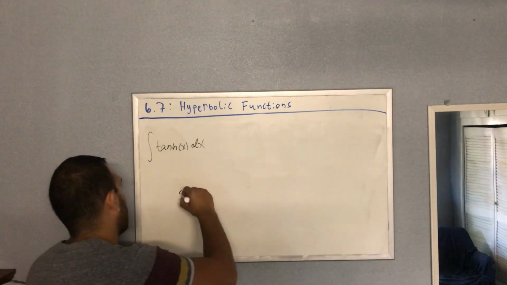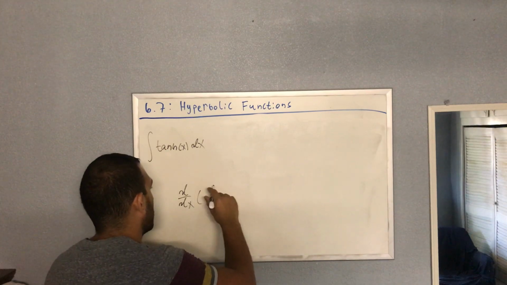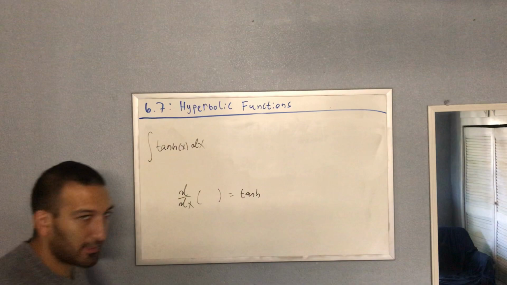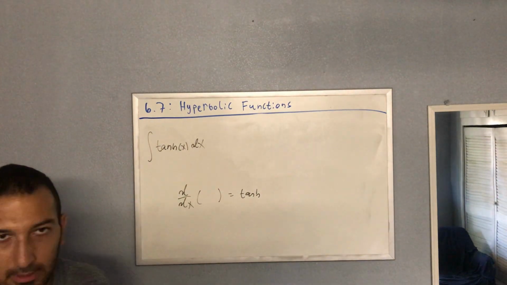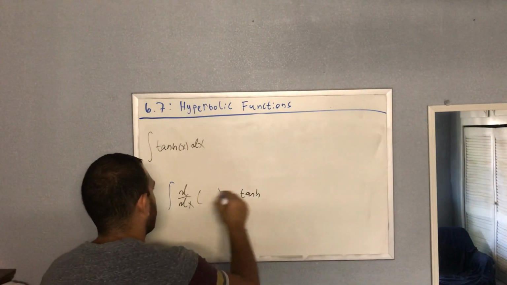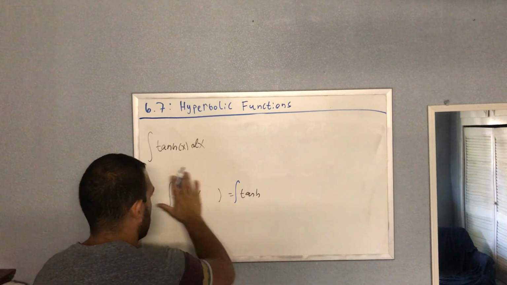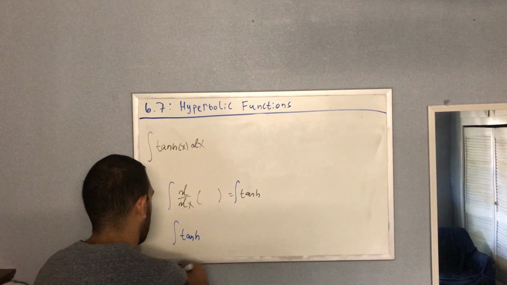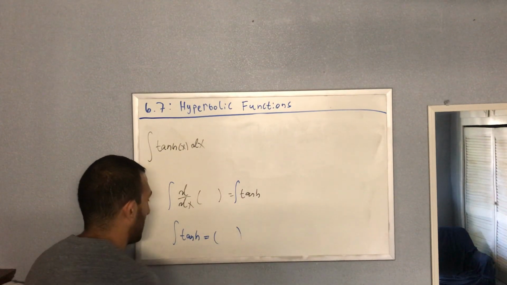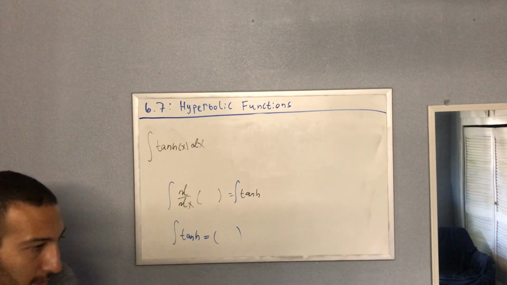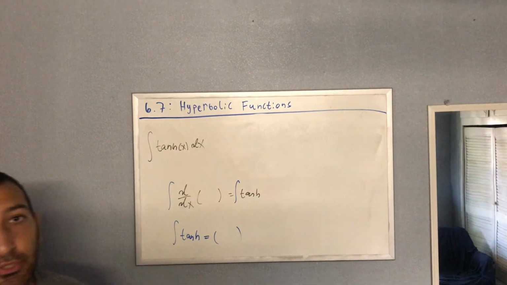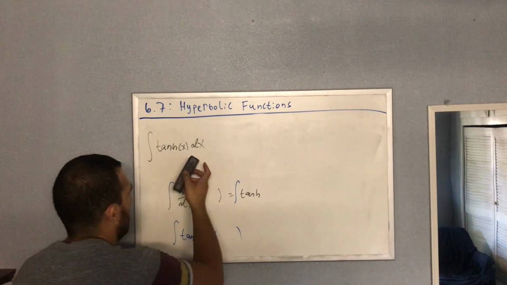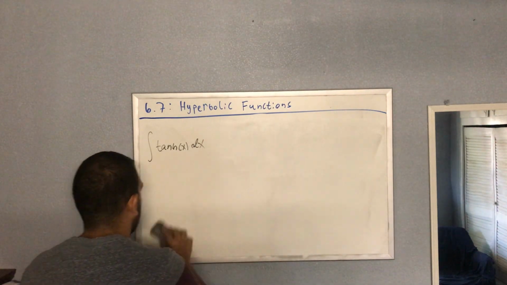If we had the derivative of something equal tanh, by the same process that we talked about, when you took the integral of both sides, this cancels out here, we would know that the integral of tanh would be equal to whatever this was. But there's nothing like that. There's nothing that was just straight up tanh. And so this is not as easy as it looks, I guess is what I'm saying.